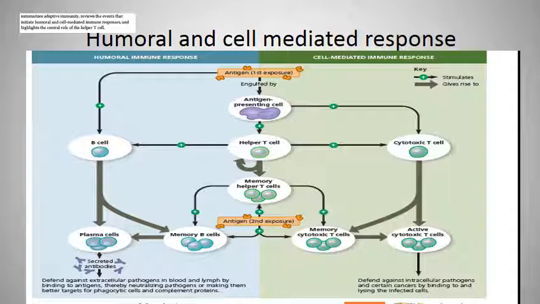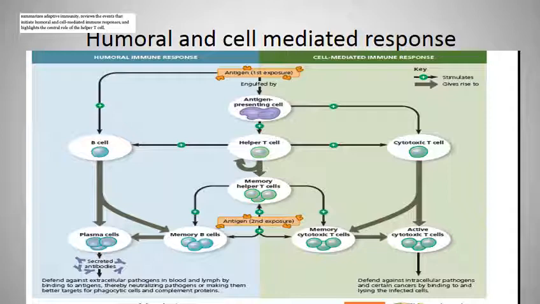Some of the cells in the clone become memory cytotoxic T cells, and some become memory B cells. Memory helper T cells also can be formed.